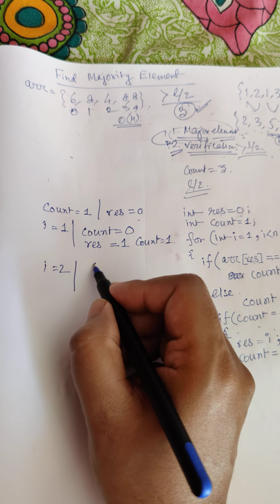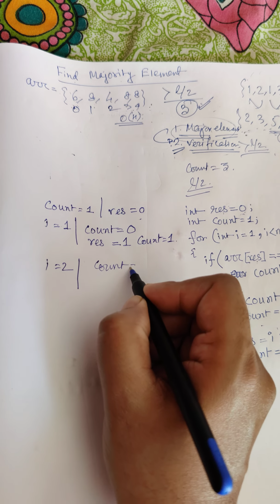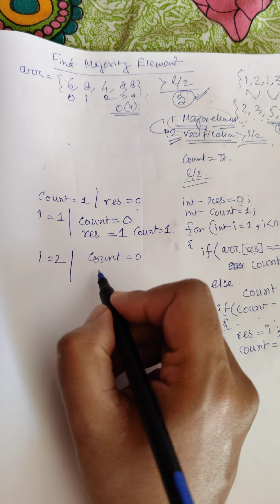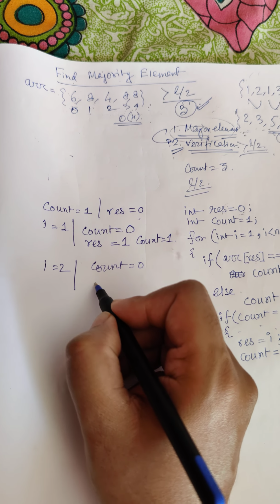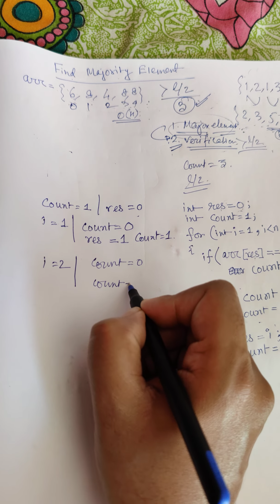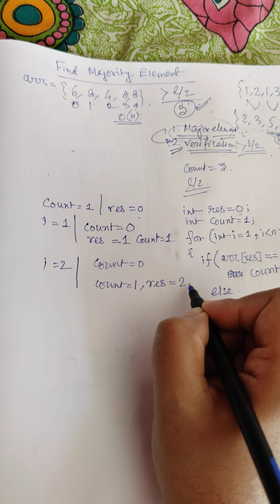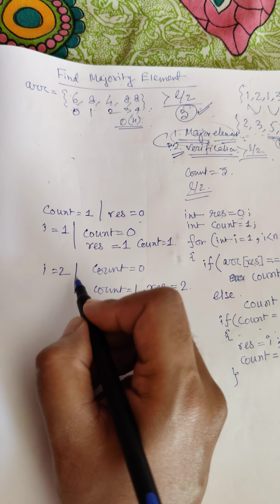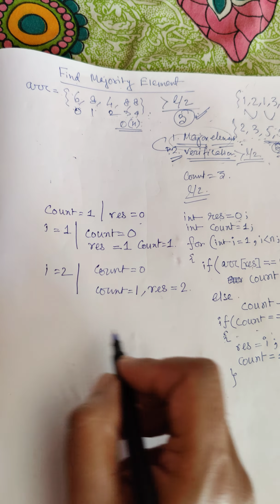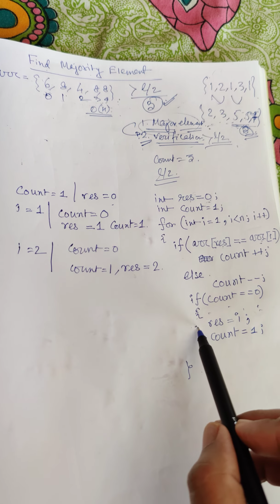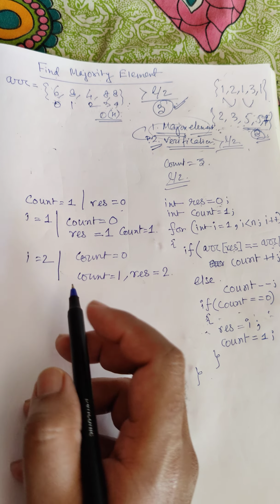Initially the count gets decremented and becomes 0, but at the same time the count is going to be 1 and result is going to be set to 2 because he is a new member having count 0. This condition is going to be fired and we are resetting it.